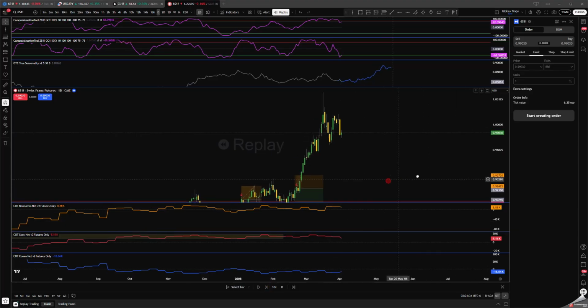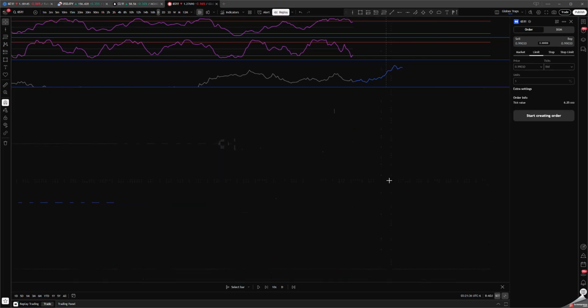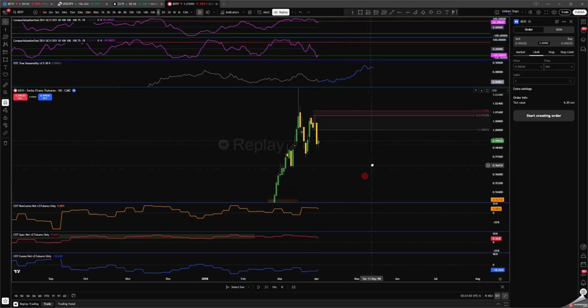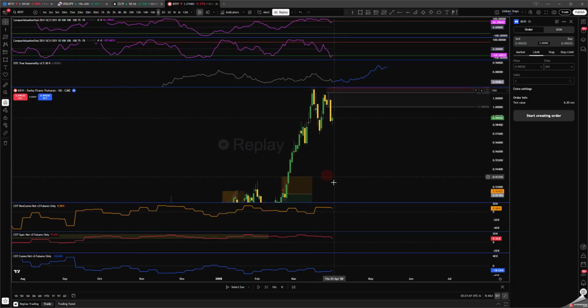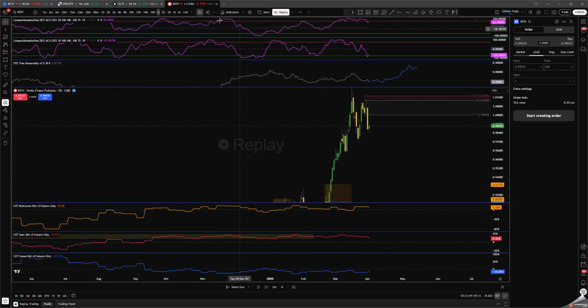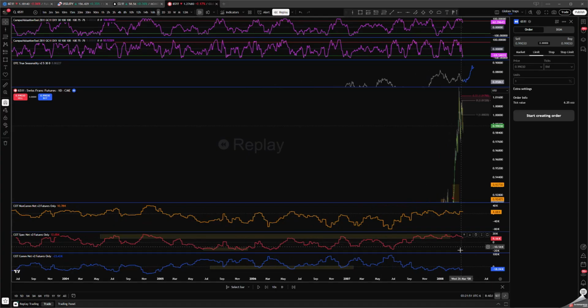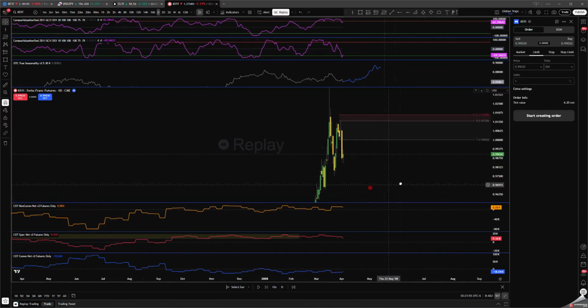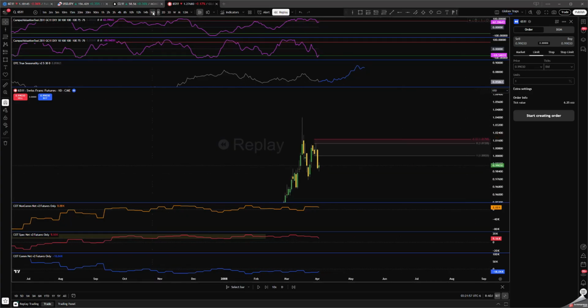Okay, this kind of looks better if we look at it like this. Left shoulder, head, right shoulder, inverse head and shoulders, and we want to sell. And wait, 16 hours.